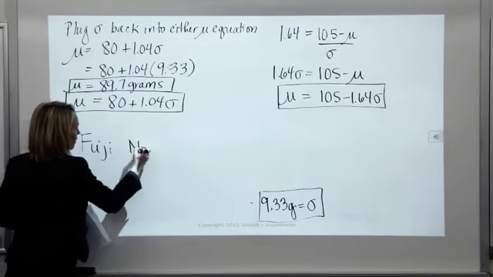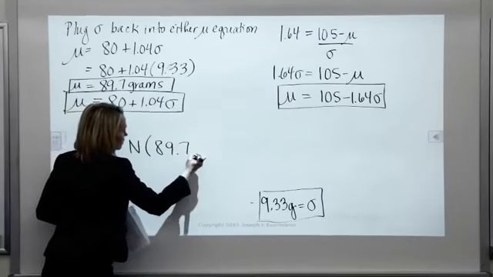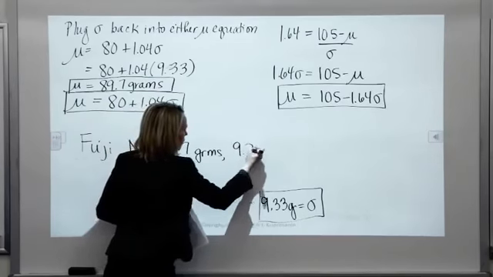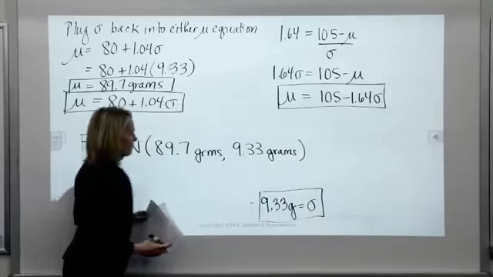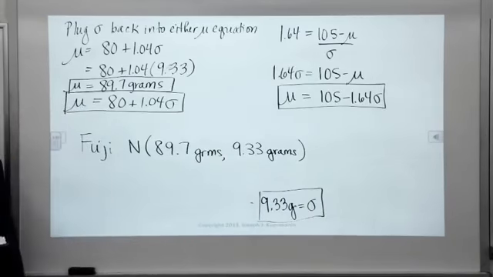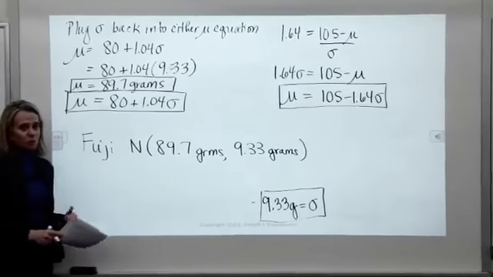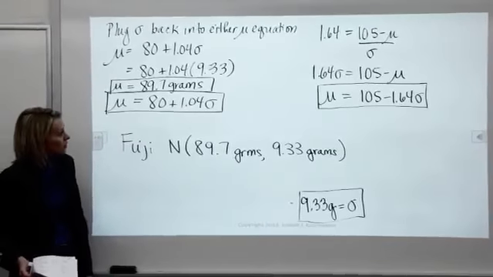Those Fuji apples followed a normal distribution with a mean of 89.7 grams and a standard deviation of 9.33 grams. And so this was one where we didn't know either one of those to start, and now we have them both. So a little bit of a longer problem, but it combines what we've learned with the normal model and refreshes your memory on some of your algebra skills.